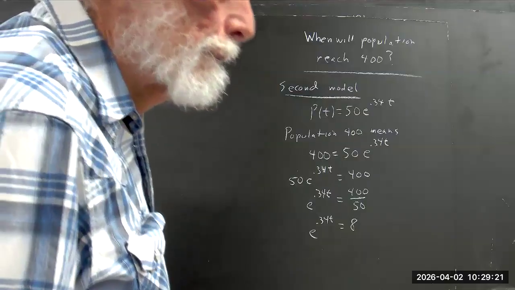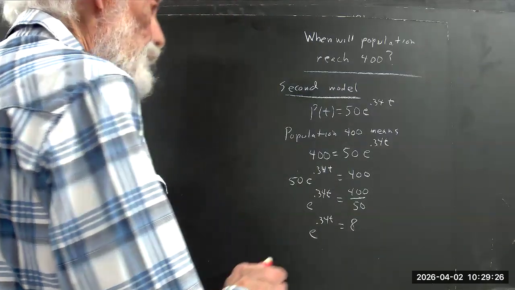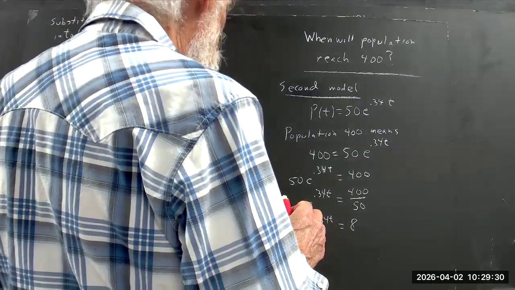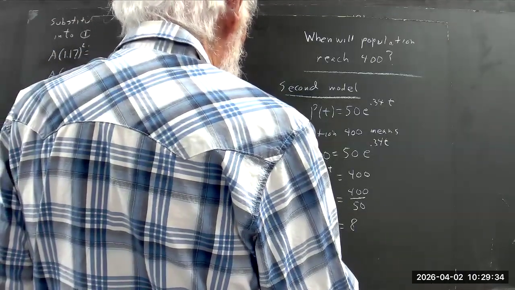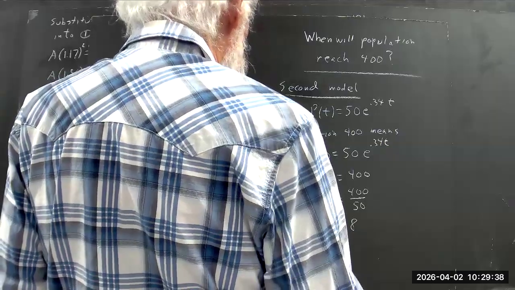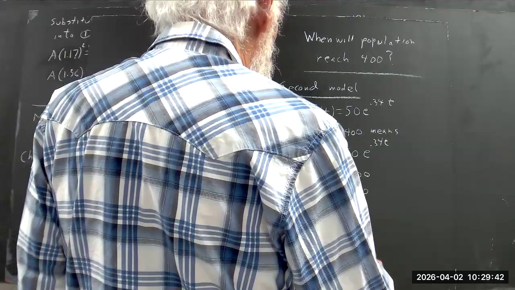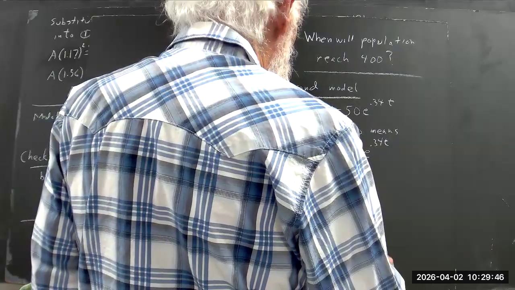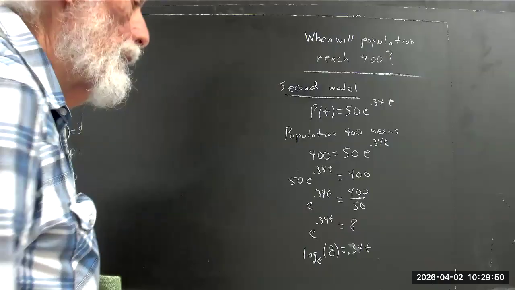Now, using our equivalence between exponential form and logarithmic form, we see that this becomes log base e of 8 equals 0.34 t.